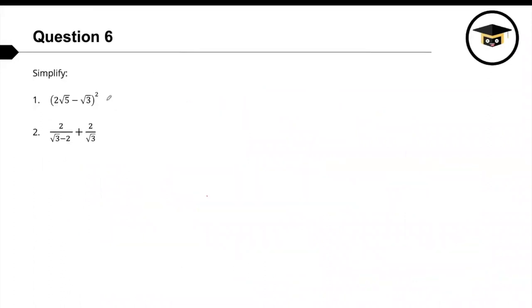All right, so with question 6, we want to simplify these two questions. And for the first one, we want to be using our perfect square. So we know that a minus b all squared is going to be a squared plus b squared minus 2ab. So with this first one, we're going to square the first one. So it's going to be 2 root 5 all squared. So that's going to be 4 times 5. And then we're going to add on the root 3 squared.